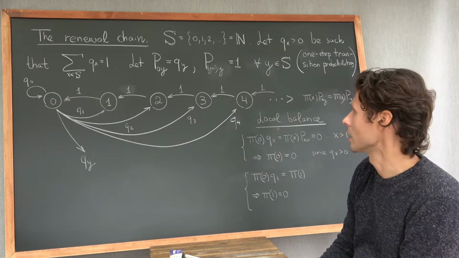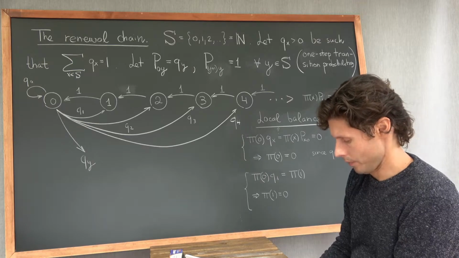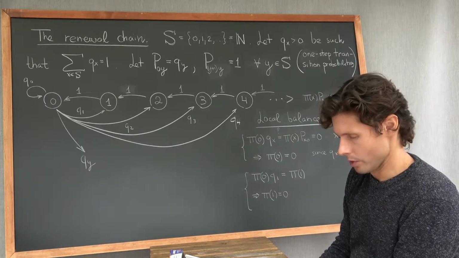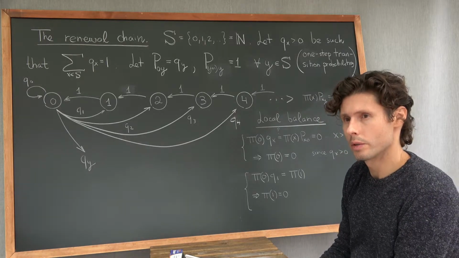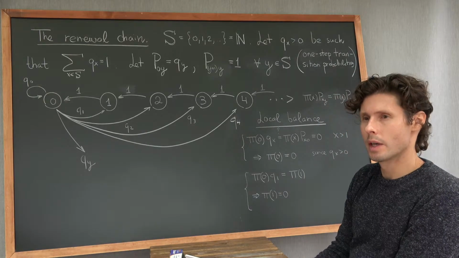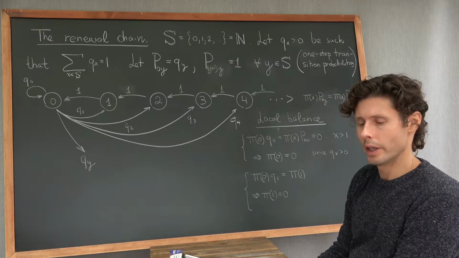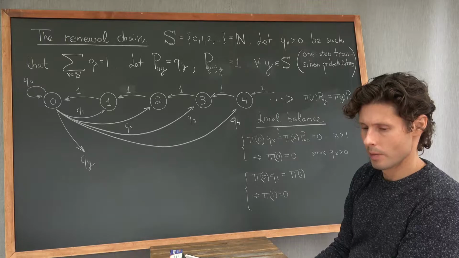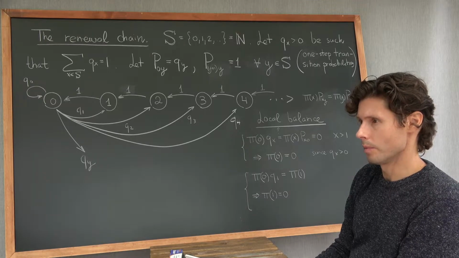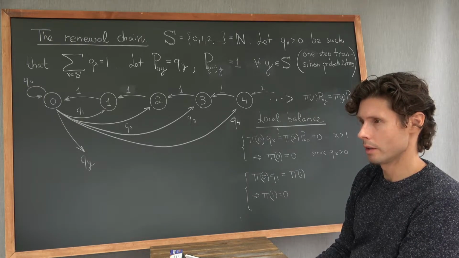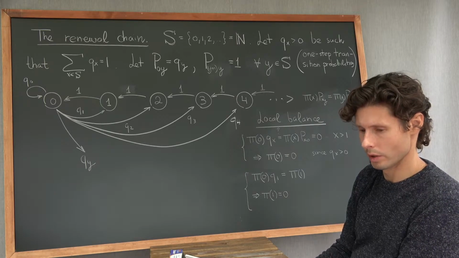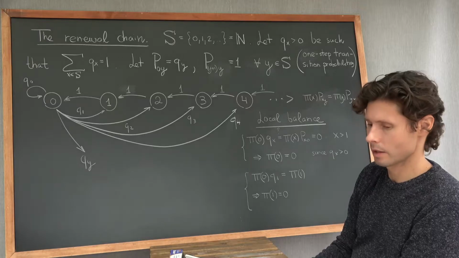So it's an interesting example to give you a sense of why it's called the renewal chain. You can use it in a lot of different modeling scenarios, but the classic one given is the lifetime of a light bulb. You buy a light bulb and you're at state 0, and there's some probability that you bought a crappy light bulb, and with some other probability you bought a very long-lasting light bulb.